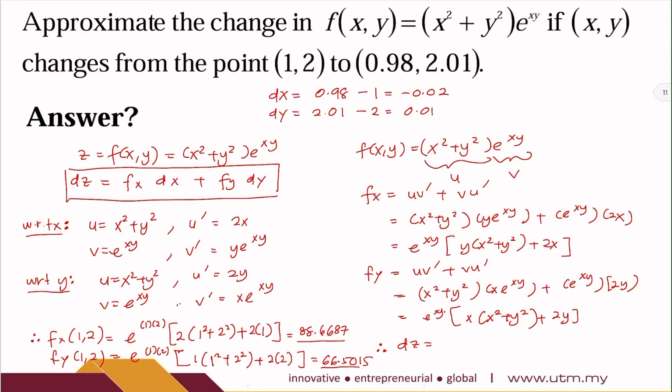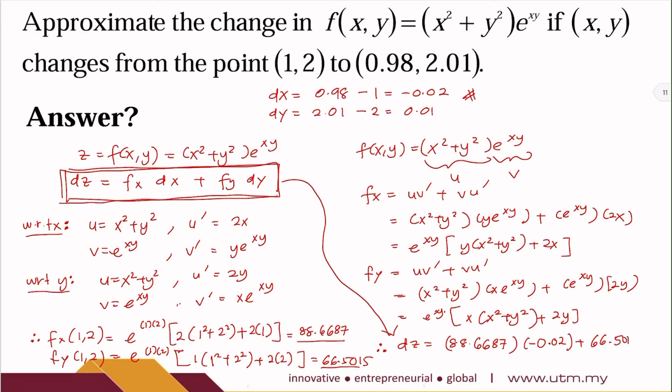Now we just substitute into the formula just now. Remember this is the formula, so we just use this formula. 88.6687 multiplied with dx, our dx is negative 0.02, plus 66.5015 multiplied with our dy, which is 0.01.